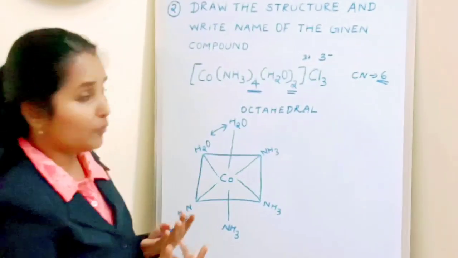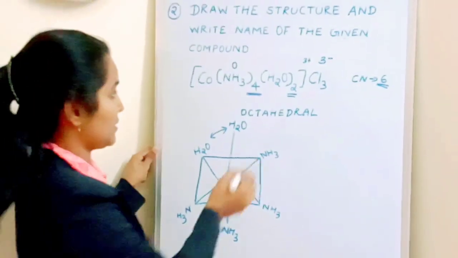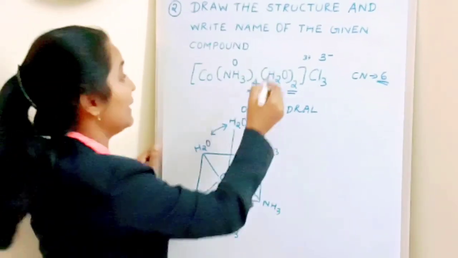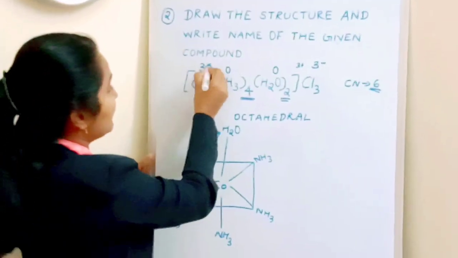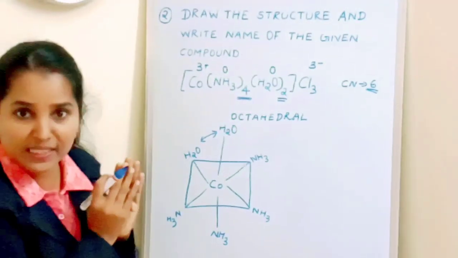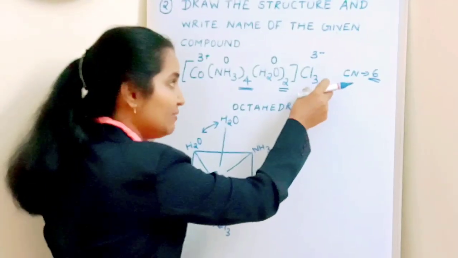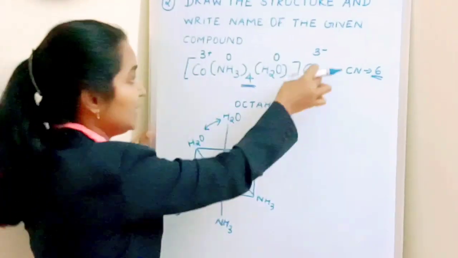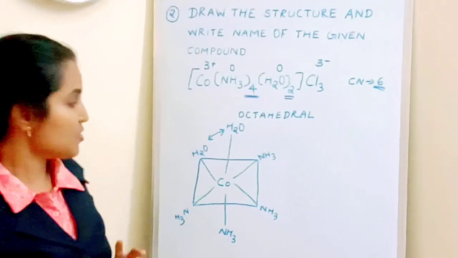How do we find it out? You know it. NH3 is a neutral ligand, 0 charge. Aqua is also a neutral ligand, so the charge on aqua is also 0. And so the cobalt is having 3 plus charge. That 3 plus charge is for the whole coordination entity. So we have to neutralize that charge. So we place a negative ion here, which is having a 3 minus charge, so both the charges get neutralized.